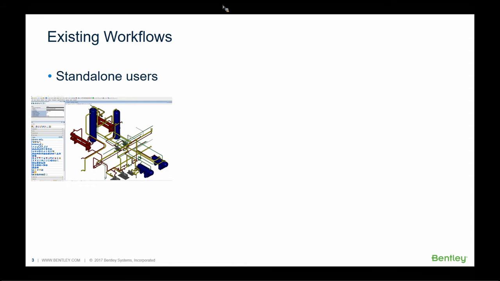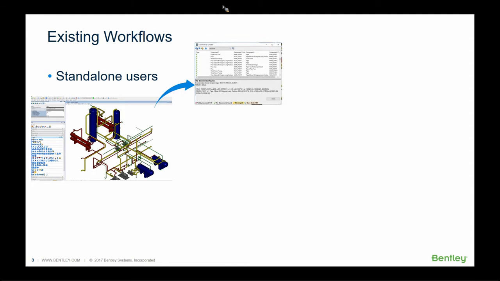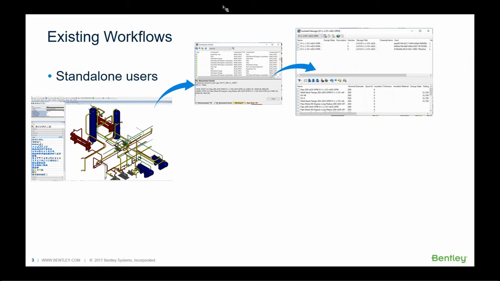Once the design or model was complete, they would typically run a connectivity checker, making sure that all the connections and joints are valid, and when things looked good, they would then generate isometric sheets using Isometric Manager.